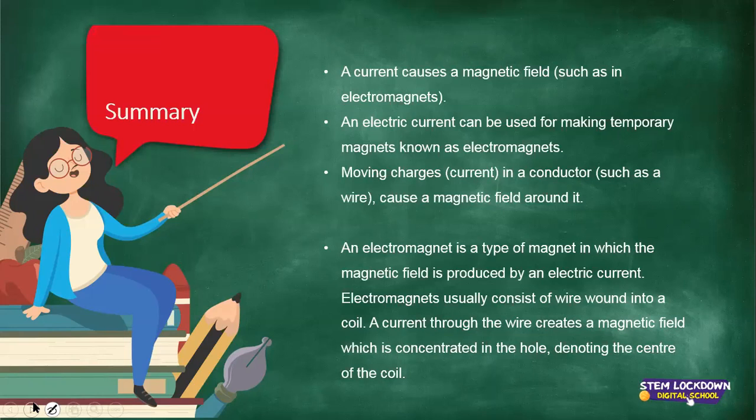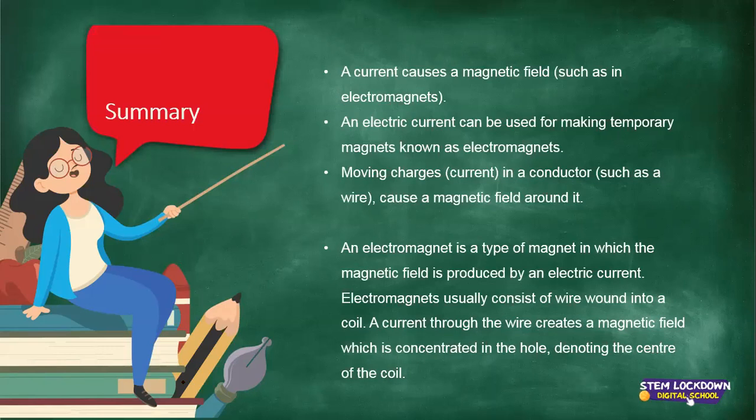So you also know that an electromagnet is a temporary magnet. And then we have moving charges, which is the current in a conductor, such as a wire, causes a magnetic field around it. So moving charges cause a magnetic field around it.